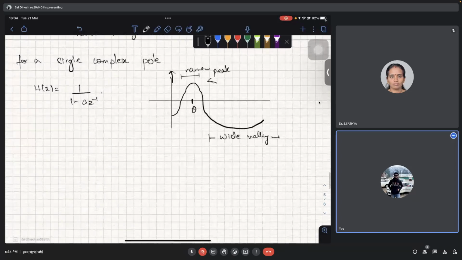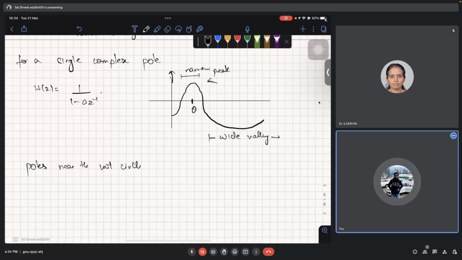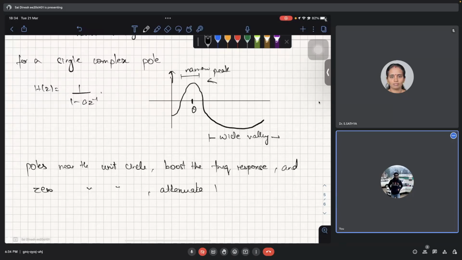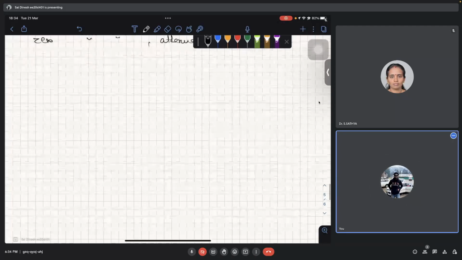So again, as we stated earlier, poles near the unit circle boost the frequency response, and zeros near the unit circle attenuate the frequency response.